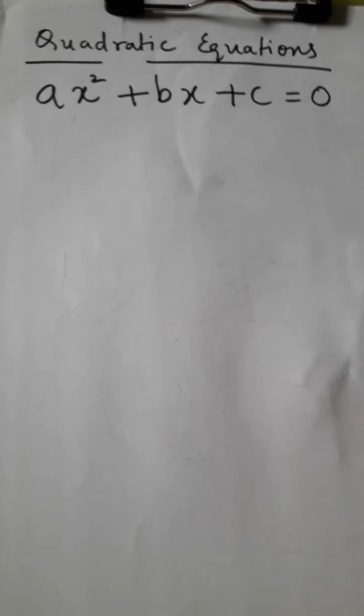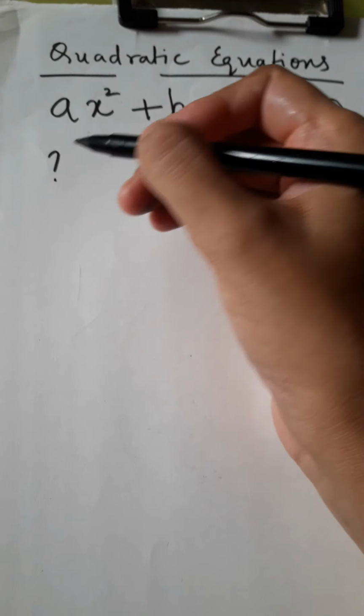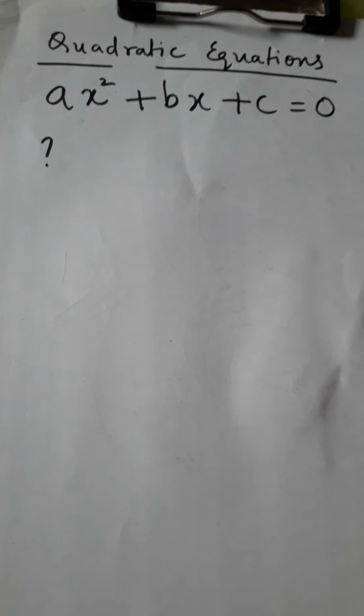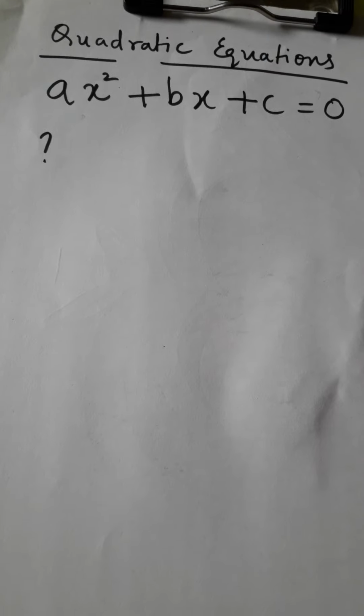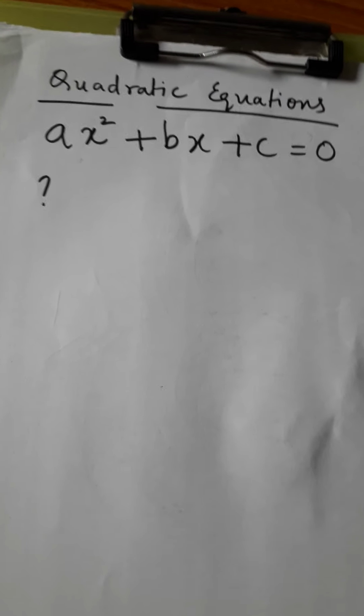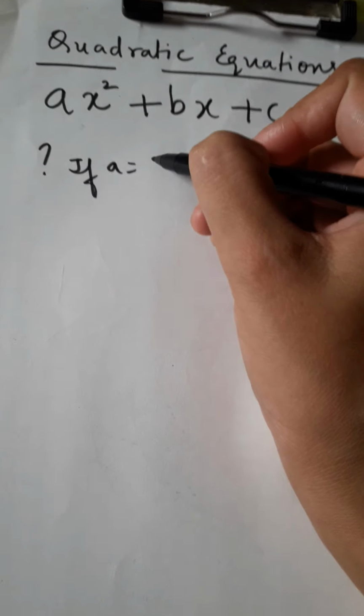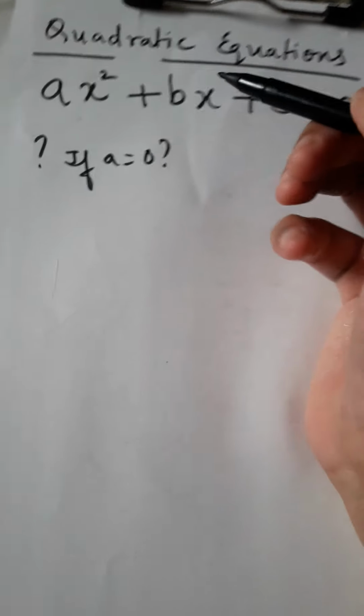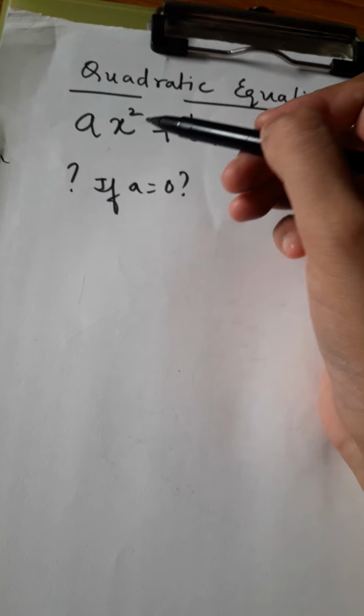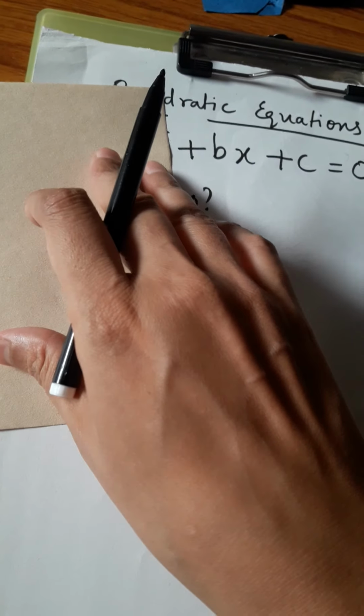Why is a not equal to 0? a, b, c can be any real numbers. b can be 0, c can be 0. a can be any real number except 0. Why? Let me see what happens if a is 0. Anything multiplied by 0 is 0. So when a becomes 0, this 0 into x square is 0.